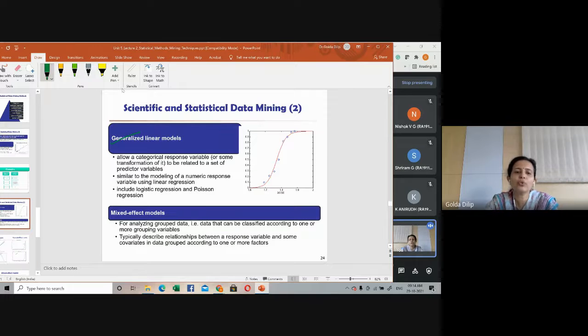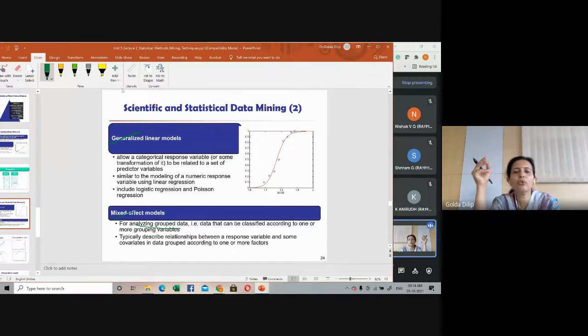Then of course we have what is called the mixed effect model. This basically is for analyzing grouped data. Grouped data in the sense of data that can be classified according to one or more grouping variables.